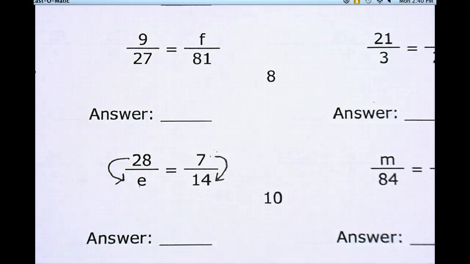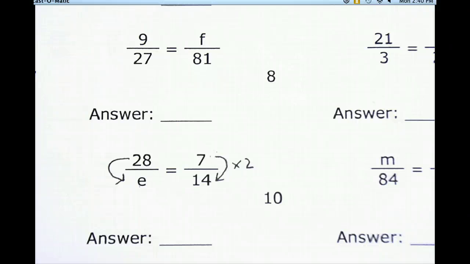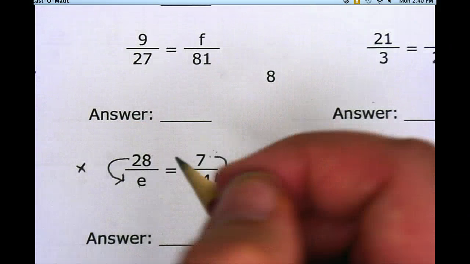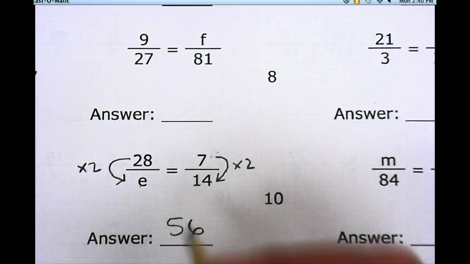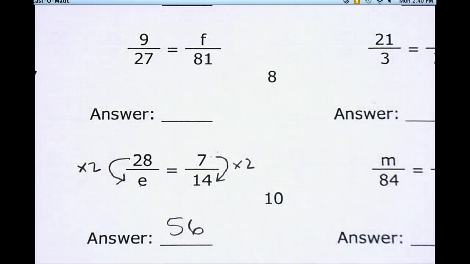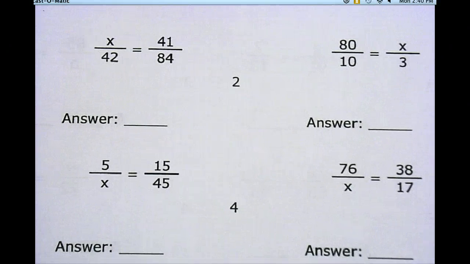I can just multiply 7 times 2 to get to 14. So I'm going to take 28 and multiply it by 2 to get 56. So 28 over 56 is equal to 7 over 14. Let's see if I have some other ones on the next side over here that we can work on. A little bit more tricky ones maybe.